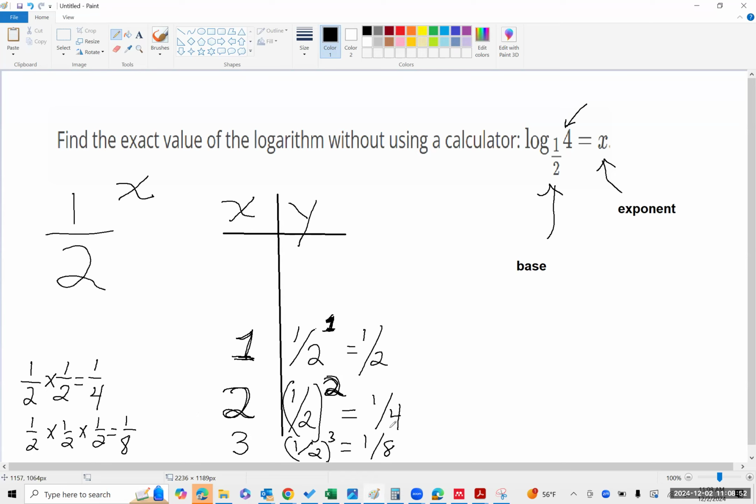Okay. Now this is real key that you see what I'm doing here. This 2 is a clue.